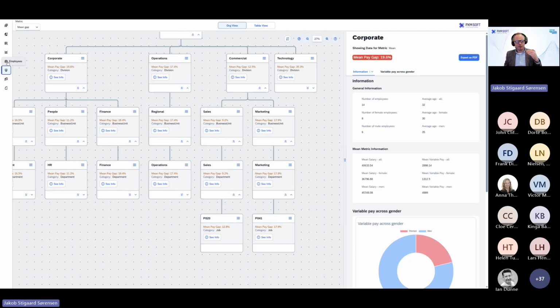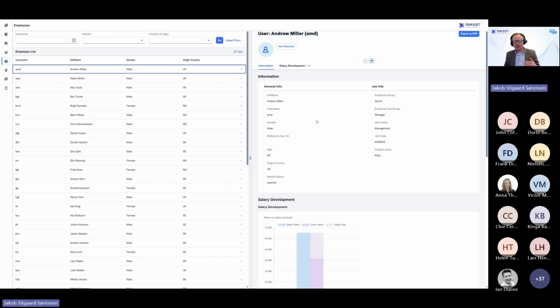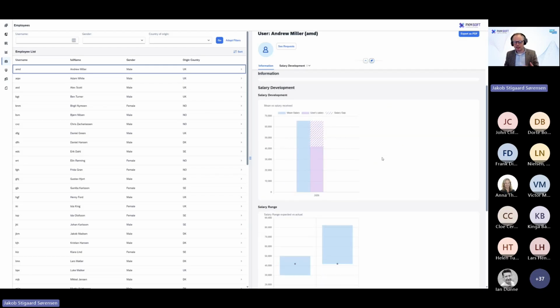Breaking this down even further is being able to look at it from an individual point of view. So you can go in and see, okay, for a given employee, what's the scenario here? How does this look for the employee? Again, fetching the data, you start looking at the scenario for an individual employee.